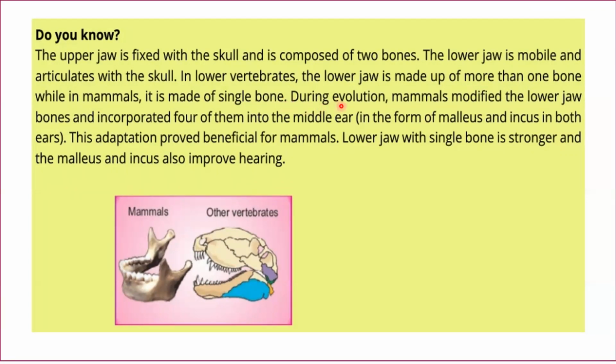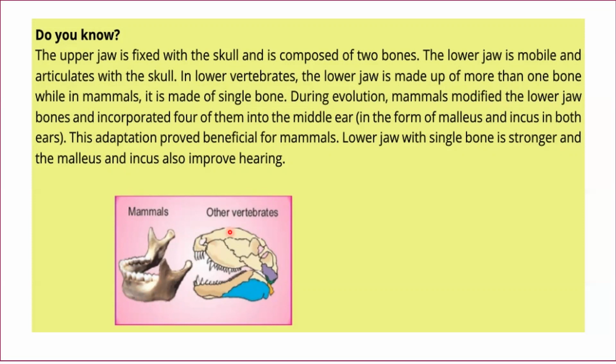During evolution, mammals modified the lower jaw bones. There are many bones present in the lower jaw of lower vertebrates, but in mammals it is made up of a single bone.